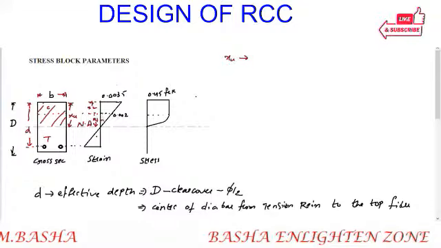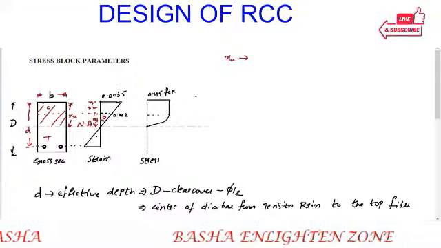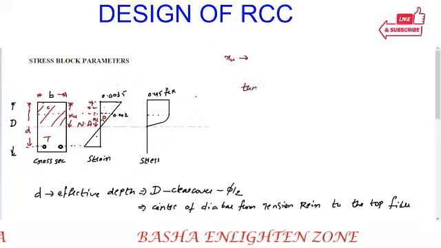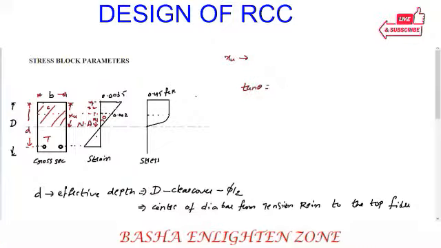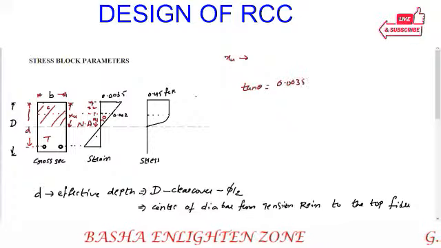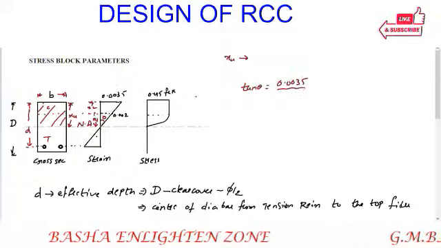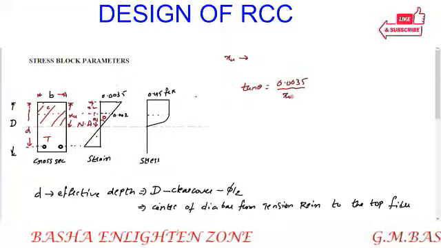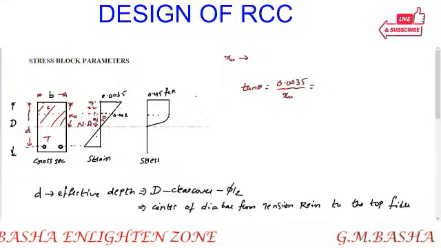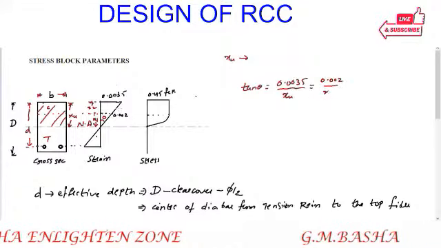Here I am assuming theta, and I am taking similar triangles. Tan theta will be equal to, by taking two similar triangles, 0.0035 by this total distance XU for one similar triangle, and for the other triangle it will be 0.002 by x1.